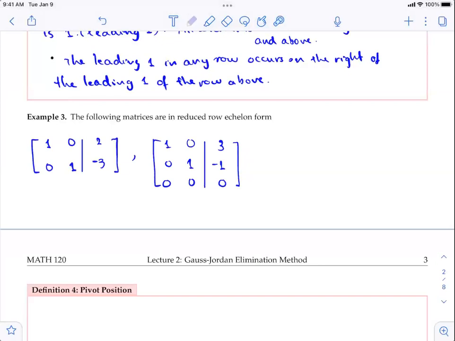In the first row, you have the leading 1, and the entry below that is equal to 0. On the second row, you have the leading 1, and it stays on the right of this one. And the entries above and below that are 0. So this matrix is in the reduced row echelon form. I hope this gives you some idea of how to recognize the row echelon form or the reduced row echelon form.